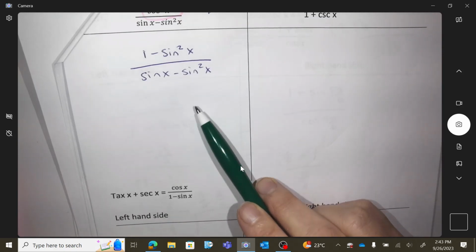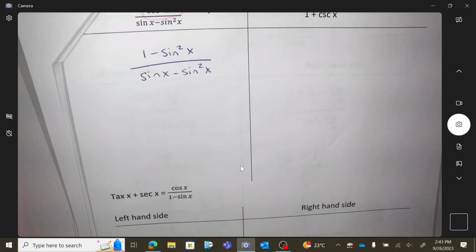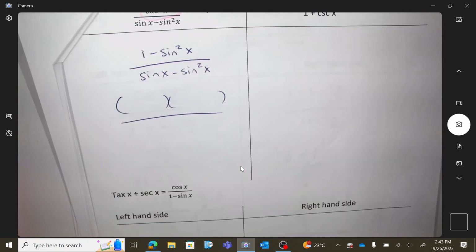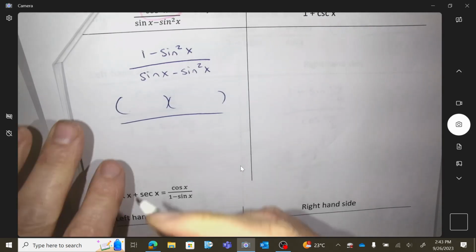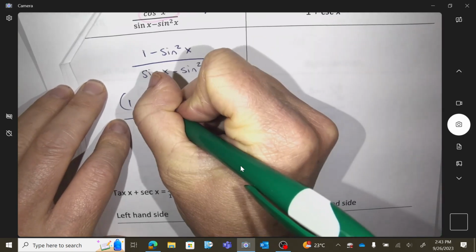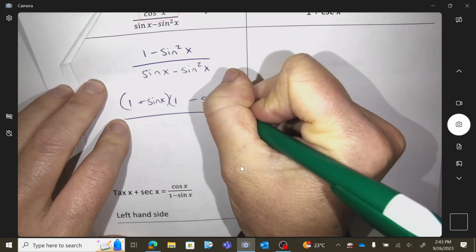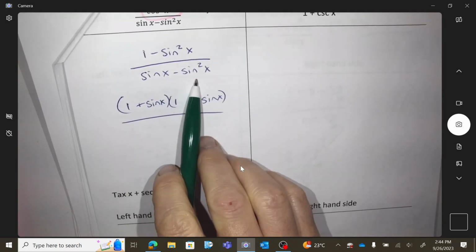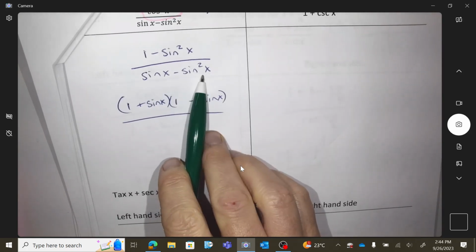So the strategy we were picking is factoring. What style is the top? Difference of squares. 2 brackets, difference of squares: 1 plus sine x, 1 minus sine x. And the bottom is a GCF, so 2 terms.